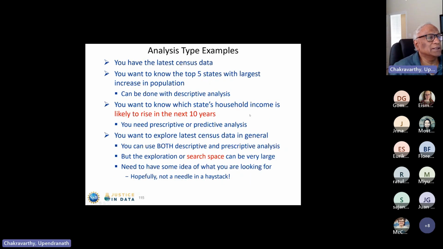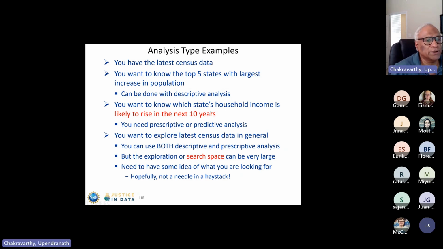So here is an example. You have the latest census data. Suppose you want to know the top 5 states with the largest increase in population. Now, this can be done with descriptive analysis, right? You can compute the changes that have taken place.